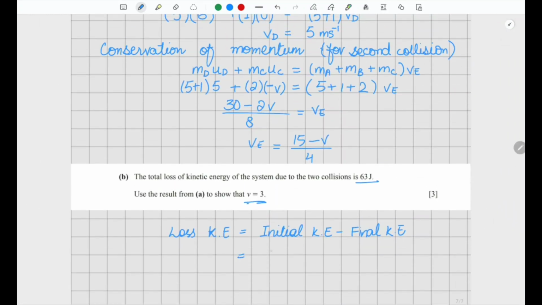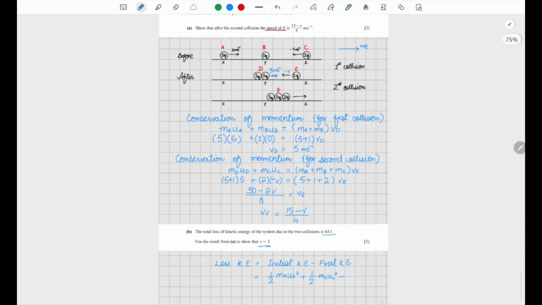So it is going to be half ma ua square plus half mc uc square minus final kinetic energy. And what will be the final kinetic energy?